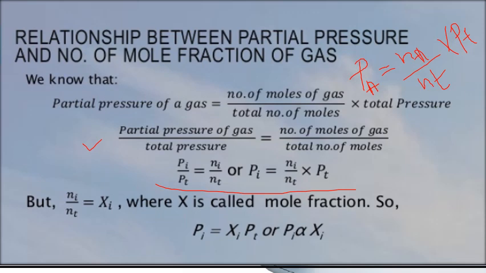Now the Pi represents P individual, partial pressure of a gas, ठीक है, individual gas का. P total pressure. Ni जो है that represents, यहाँ पे उसने indicate किया कि Ni represents the number of moles of that individual gas, ठीक है, over N total. अगर हम Ni over Nt को ले लेते हैं equal to Xi, it is the fraction of moles of this particular gas in the total number of moles, so it will be represented by Xi, right?